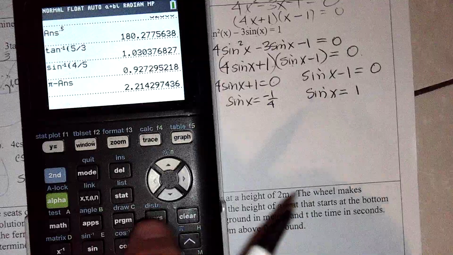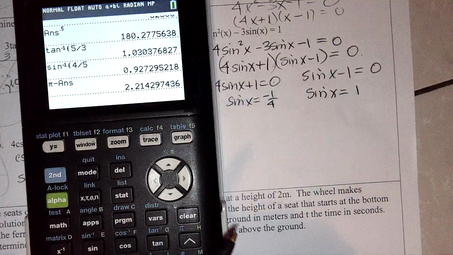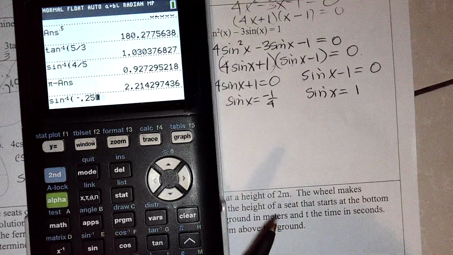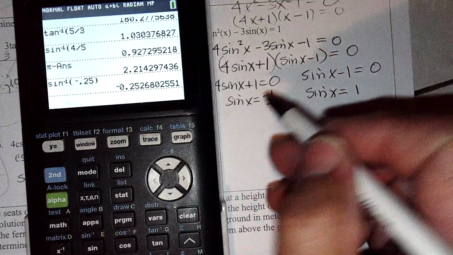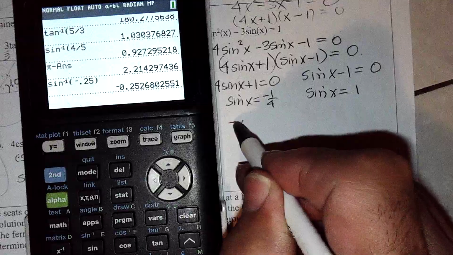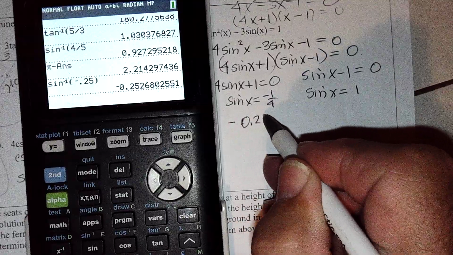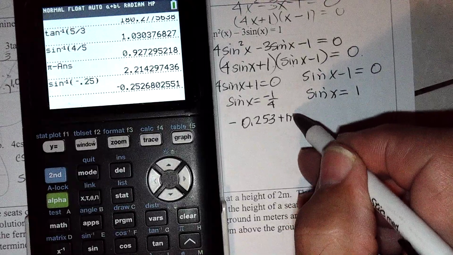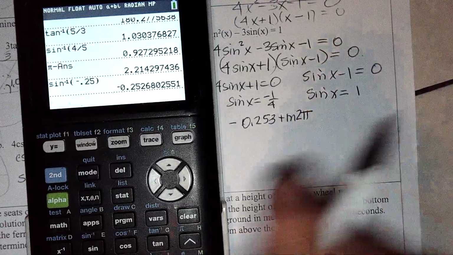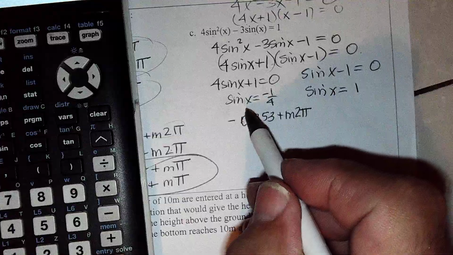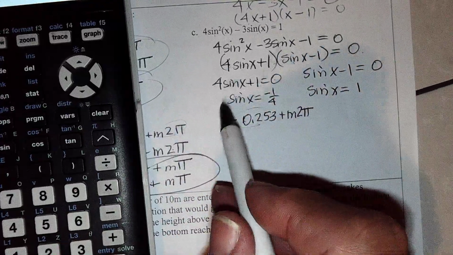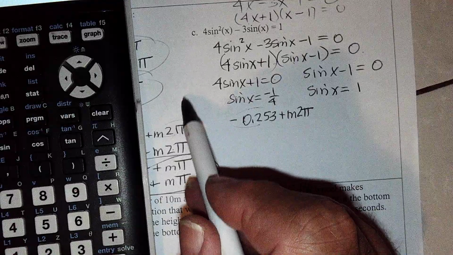So pulling up a calculator, doing sine inverse of negative 0.25 or 1/4, I get negative 0.253 plus multiples of 2 pi. And again, the sine has 2 places, the angle and 180 or pi minus that angle.